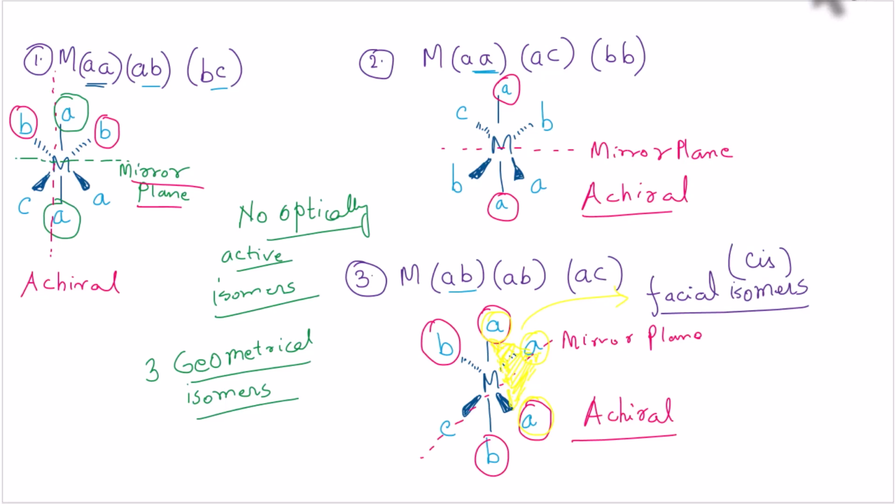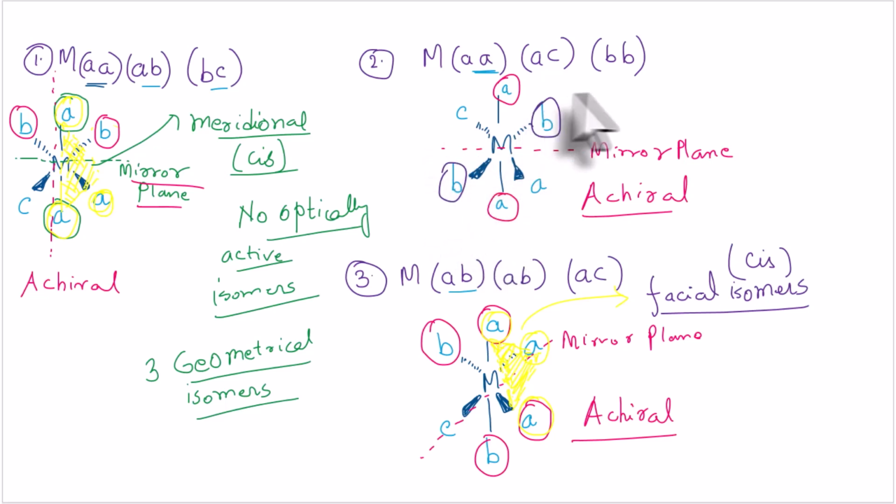Similarly, we have this one, where two A ligands are together and are intercepted by another ligand B, and this is again a triangular face. This kind of arrangement is known as the cis-meridional isomer. And in the second isomer, the ligands are trans to each other: AA is trans to each other and BB is trans to each other, and this is the trans isomer.